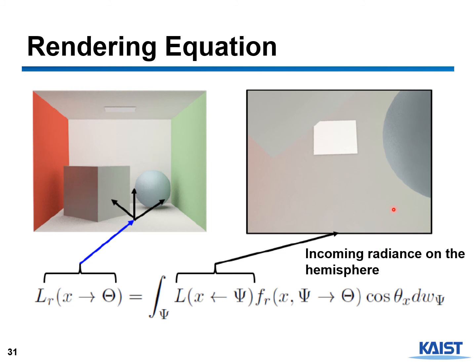I visualize this color information on the hemisphere in a rectangular shape. This is the incoming radiance on the hemisphere. In some directions we might gather a lot of energy since there is a light source, and in other cases we might get less energy. Then for each incoming direction, we consider the BRDF and cosine term, and we integrate everything over all possible solid angles over the incoming hemisphere.